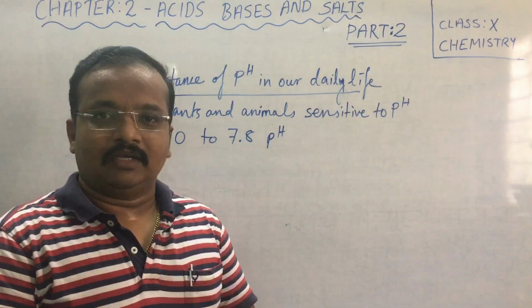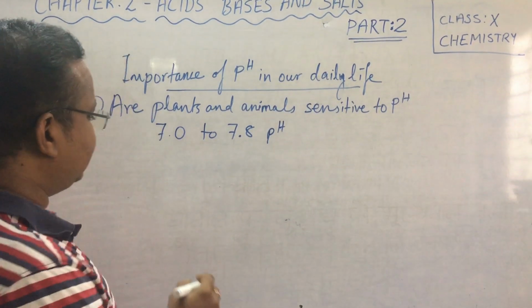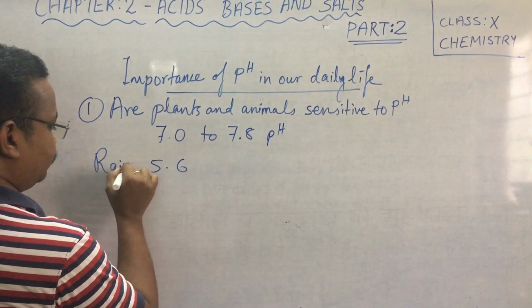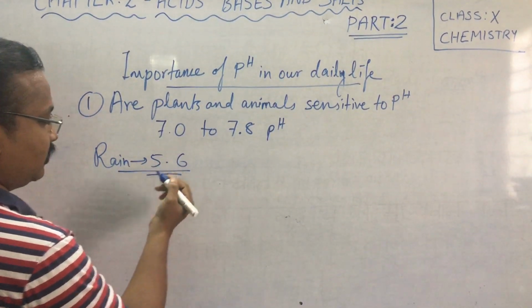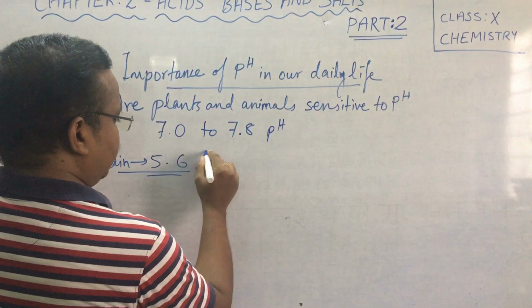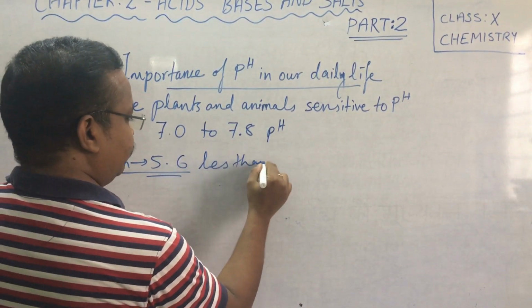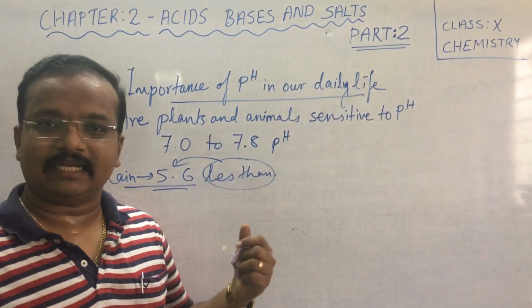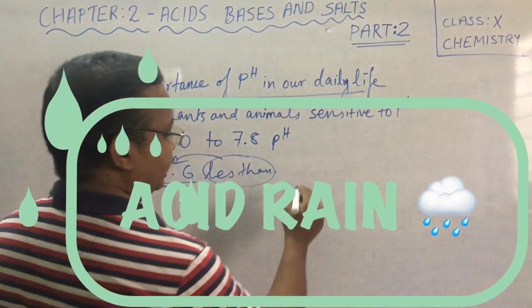Children, if the pH of rainwater is less than 5.6, then we consider that rain as acid rain.